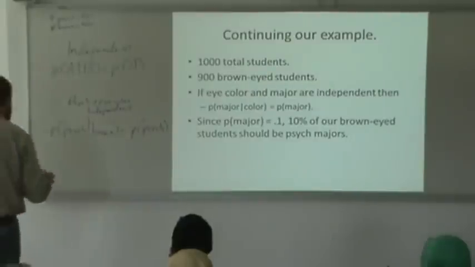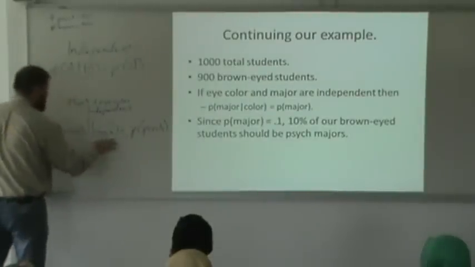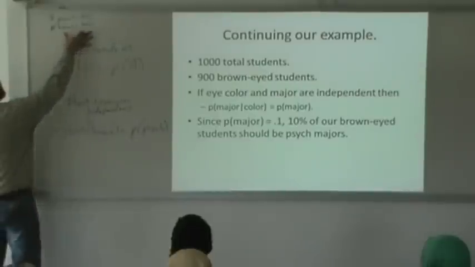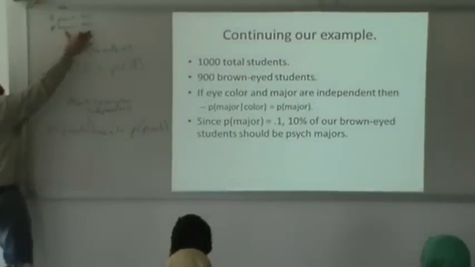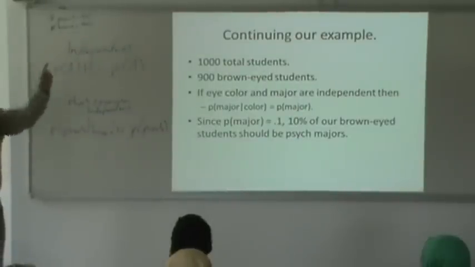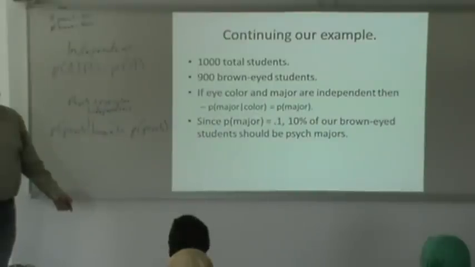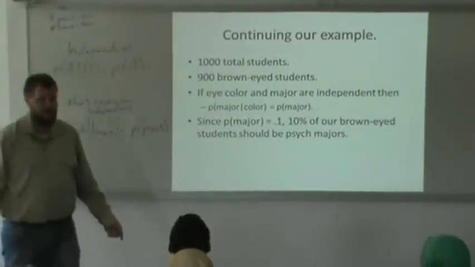Now, we said that the probability of psych given brown is the same thing as the probability of psych. This means that, okay, we have 900 brown-eyed people. Of those 900 brown-eyed people, what percent of them are psych majors? 10%. Right?